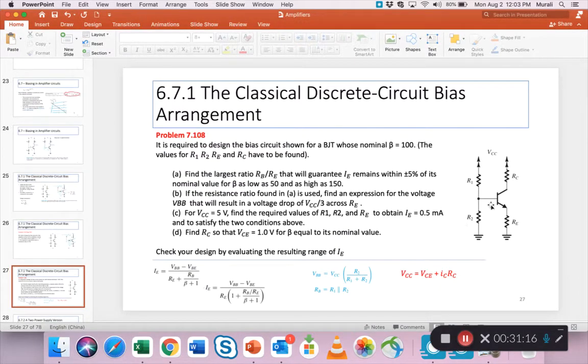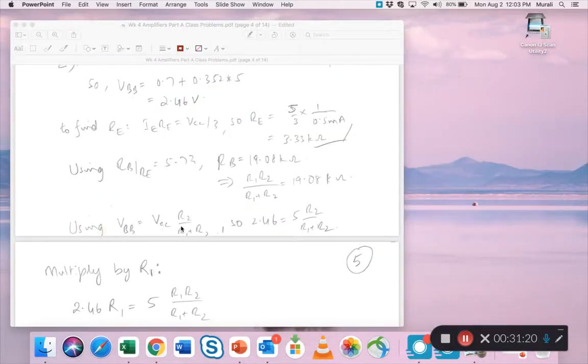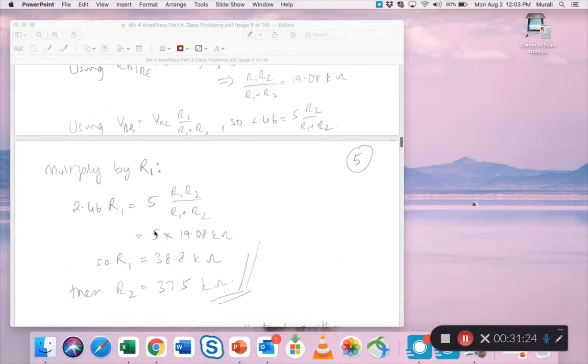Just on this portion, right? So substituting all that, you can first get R1 as 38.8, and then based on this you can get R2 also.